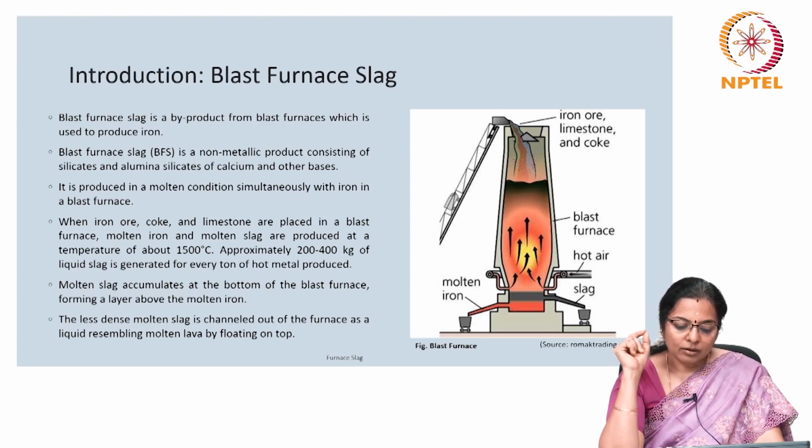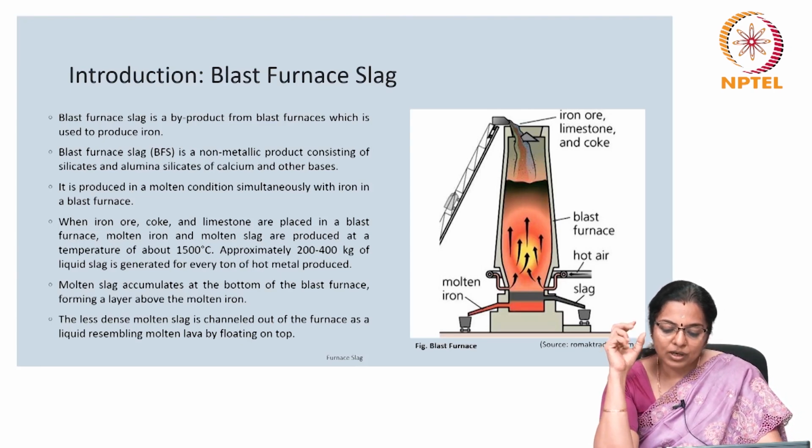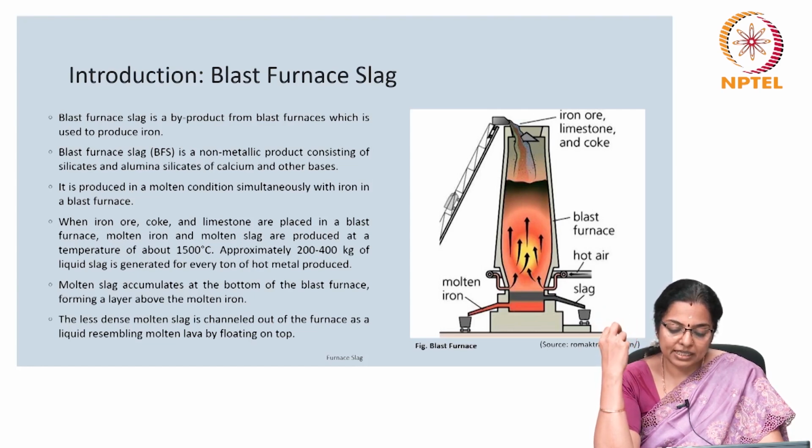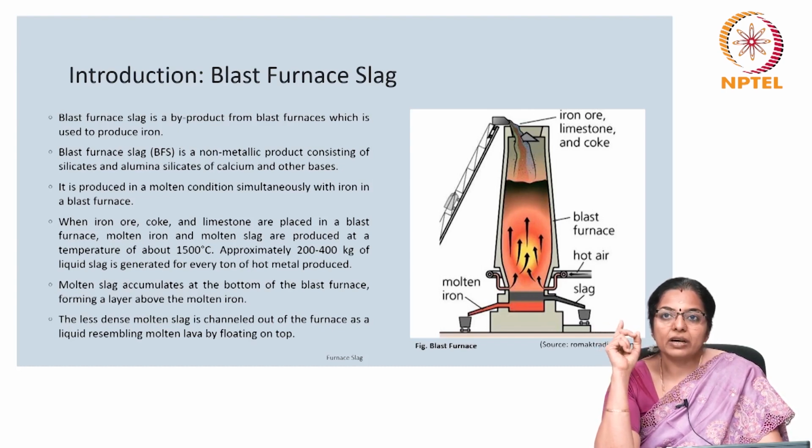So, when iron ore, coke and limestone are placed in a blast furnace, the molten iron and molten slag both are produced at a temperature of 1500 degrees centigrade. And around 200 to 400 kg of liquid slag is generated for every ton of hot metal produced.